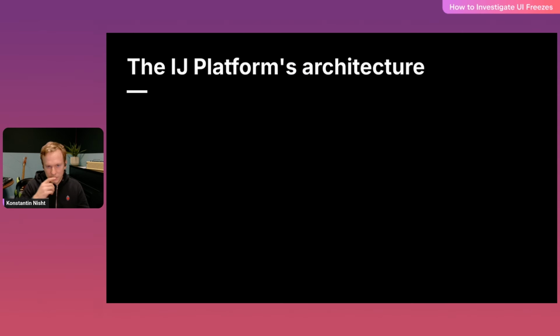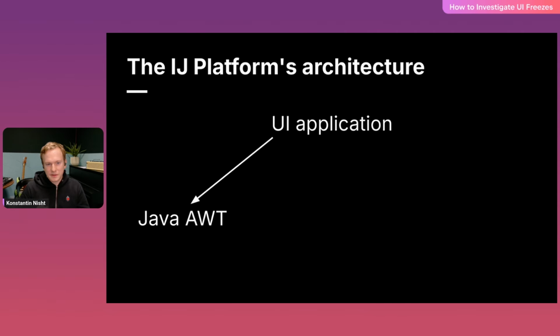So to understand why we have freezes in the regular IDE or in a plugin, we need to understand the architecture of IntelliJ Platform. You could notice that our IDEs are UI applications, and as regular UI applications, they have a UI framework. Our UI framework is based on top of Java AWT.